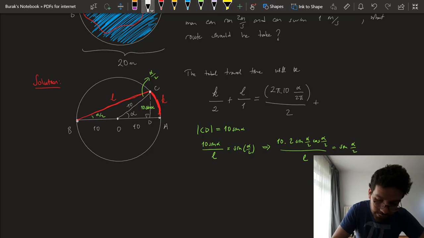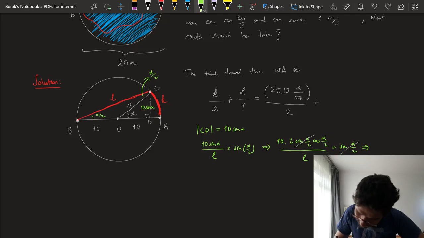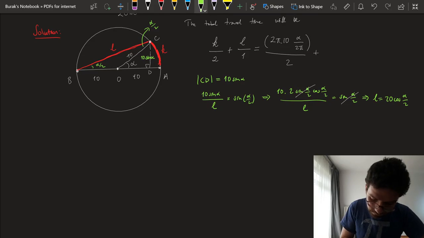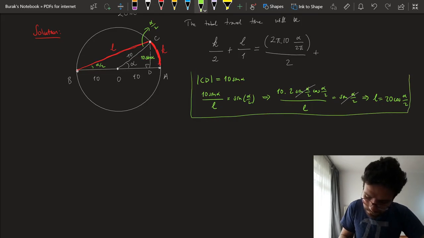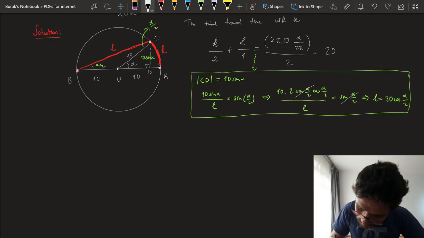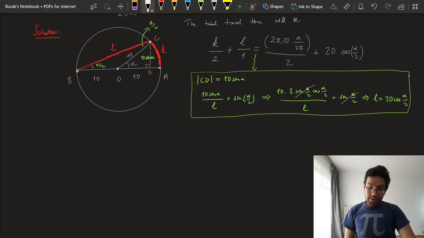Okay, and I am going to cancel these and get cosine alpha over 2, get L as 20 cosine alpha over 2. So L is 20 cosine alpha over 2. And this is my function now. This is a function of a single variable.